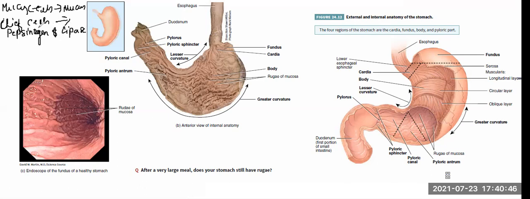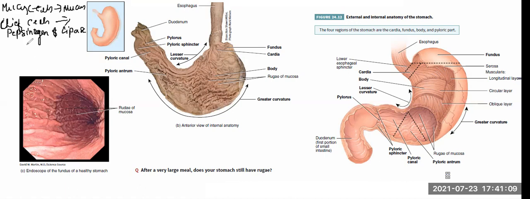So inside the stomach, when pepsinogen comes in contact with hydrochloric acid, it becomes active, and we call it pepsin. So pepsin is the active form of pepsinogen, and pepsinogen gets activated when it comes in contact with hydrochloric acid, right?